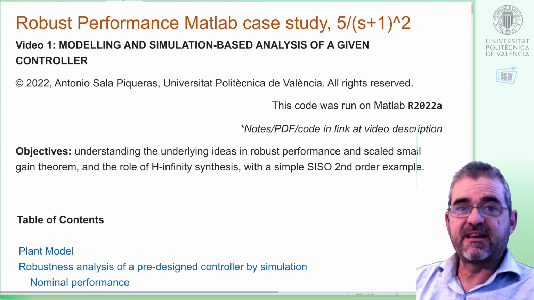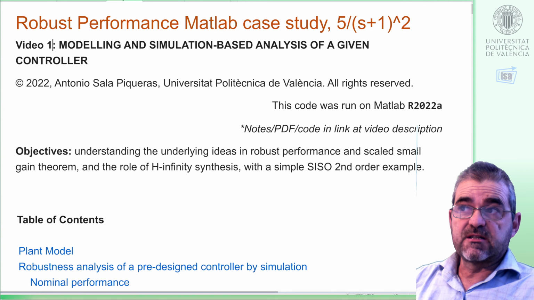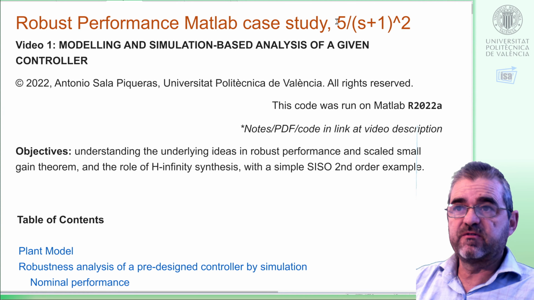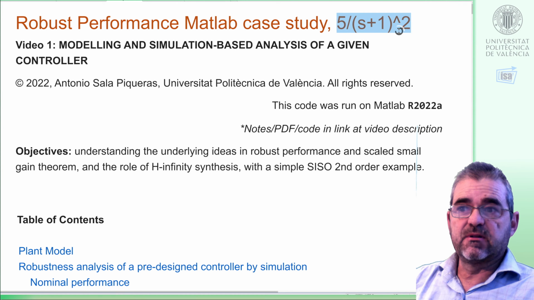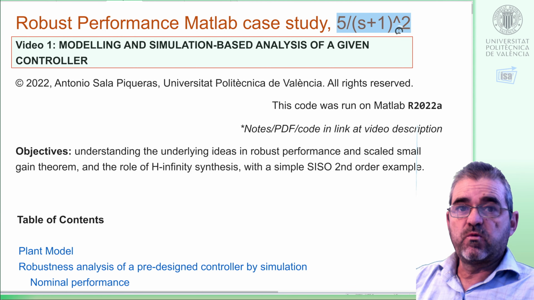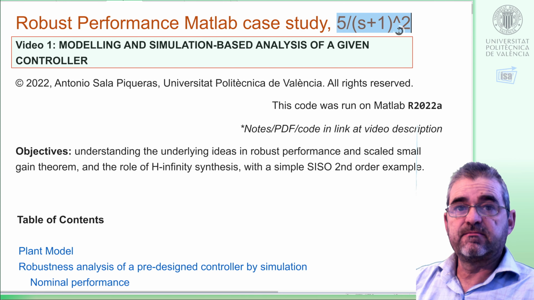Hi, I'm Sala. In this video, we'll discuss a case study on guaranteeing robust performance for this simple second-order plant. In this first video, we'll address just a simulation-based approach for a given pre-existing controller, a PID, and we'll discuss the advantages and drawbacks of that simulation-based approach.